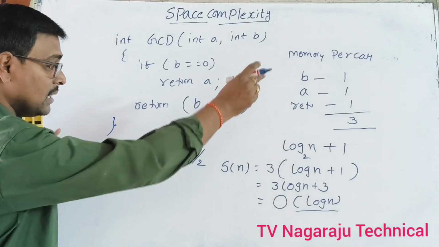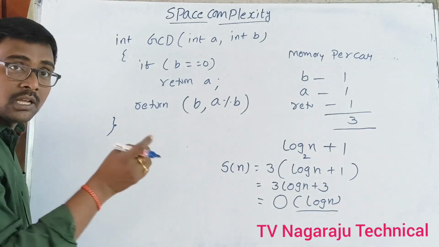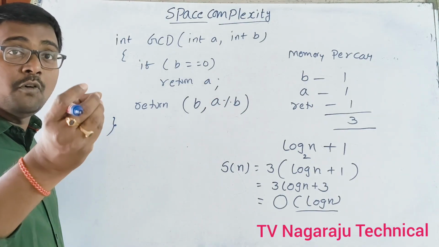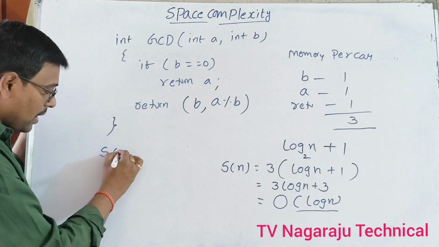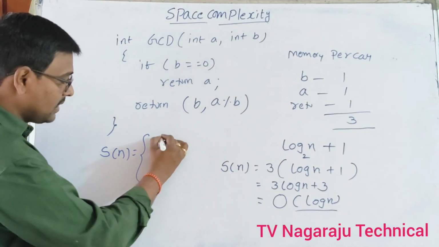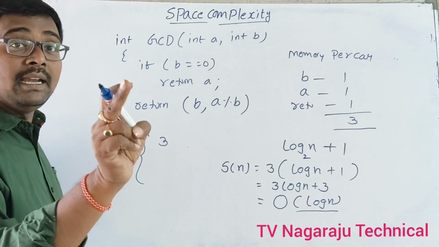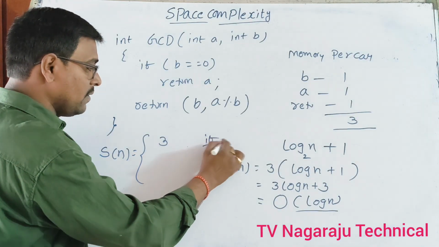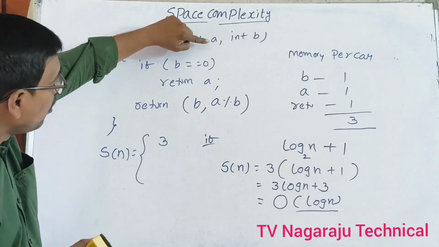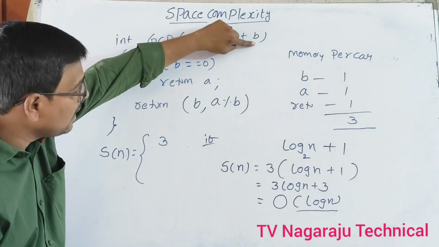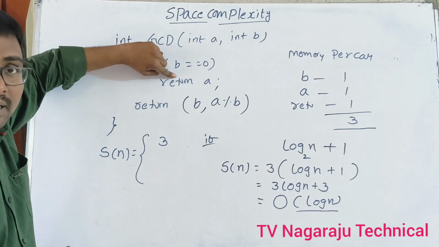Always remember, this is not the only procedure. We can represent it in the form of a recurrence relation also. So S of n is equal to 3 when n is a constant, suppose n is equal to 1, that means only the parameters A and B and the return address.